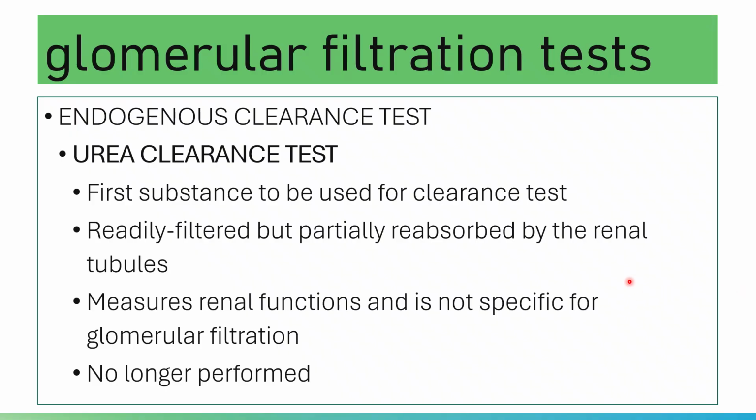Accordingly, since 40% of urea is reabsorbed, there is this adjusted normal value. Your patients are hydrated to produce a urine flow of 2 ml per minute to ensure that no more than 40% of urea was reabsorbed. But then, please note, it is no longer performed.